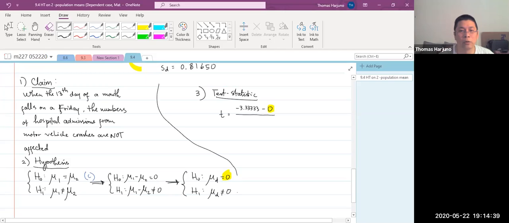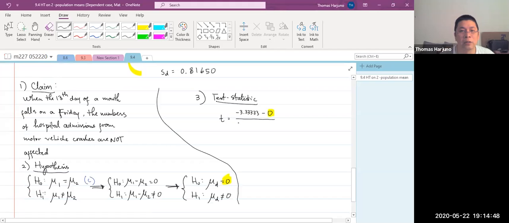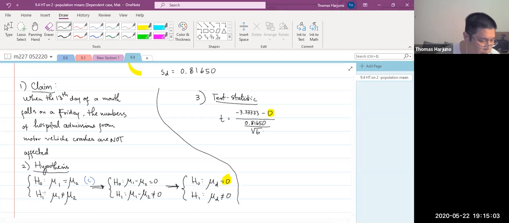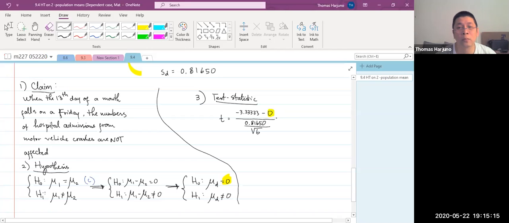Partition it so that you know that. Over the standard deviation of the differences, that is 0.81650 over square root of 6. I get negative 9.9999.